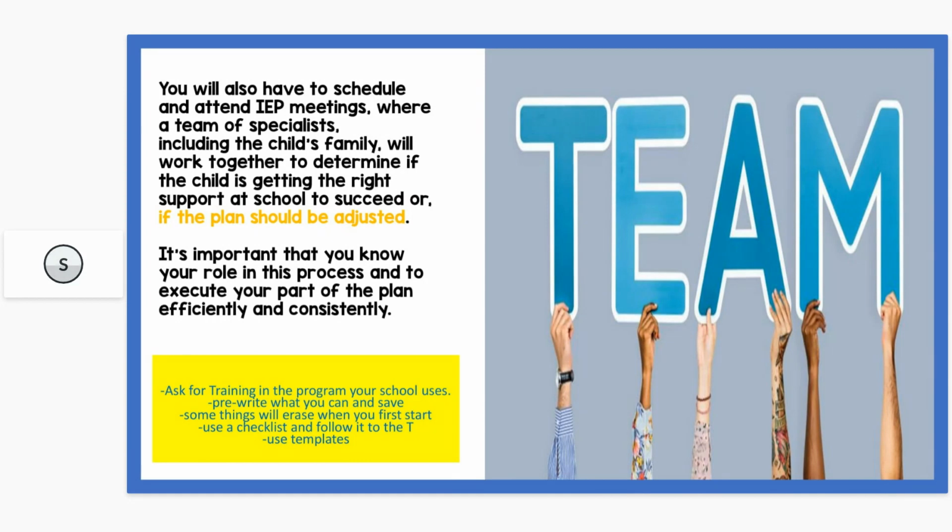This is where all your time gets taken up. This is where you think, oh, I have to write this IEP. It reasonably should take you a short amount of time, but it takes a long amount of time. So what you probably want to do is ask before you even have a meeting, as soon as you set foot in that school, where is the training program that the school uses to create IEPs?